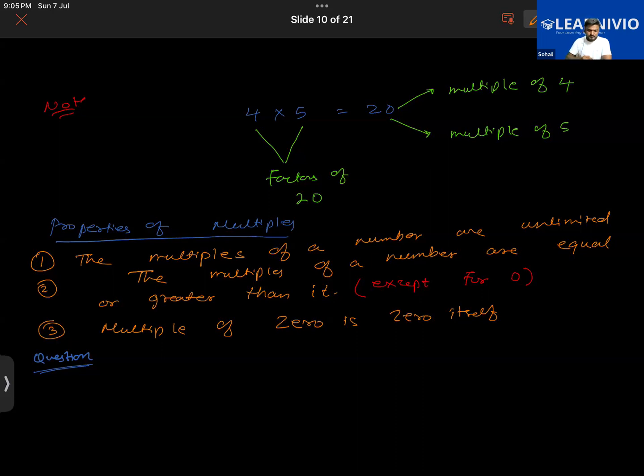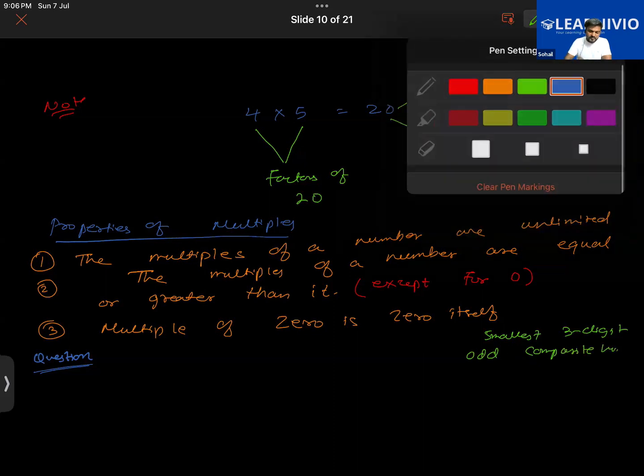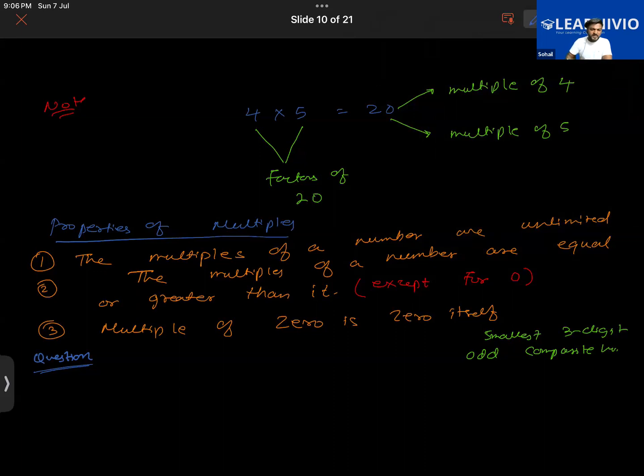So the question I'm giving you. Are you done writing it down? Almost. Okay, Habib, the question was to find the smallest three-digit odd composite number. First, let us know the smallest three-digit number. That is 100. But is it odd? No, this is not odd. So can we take 101?